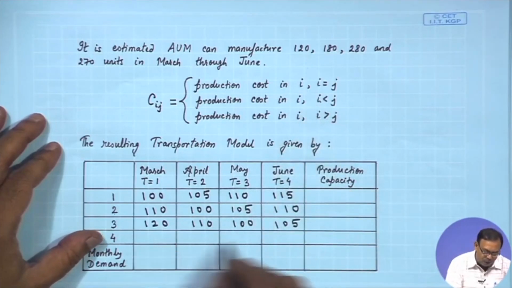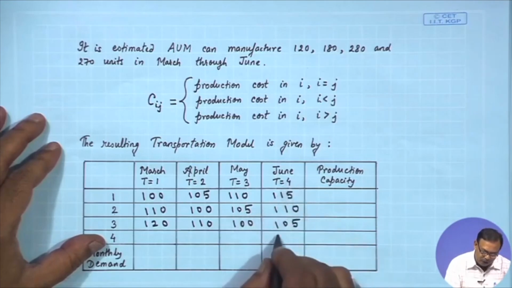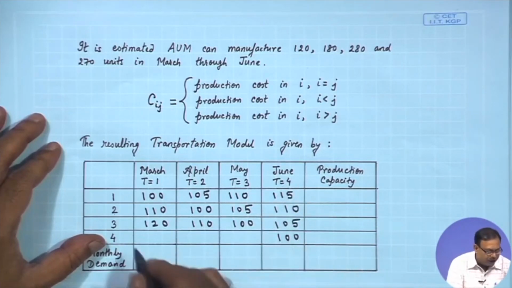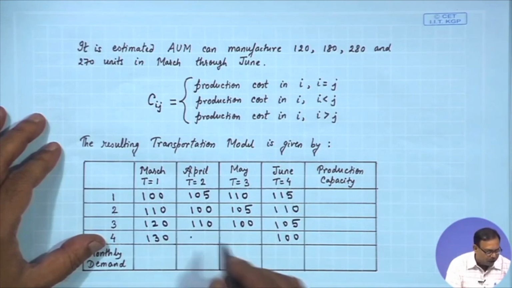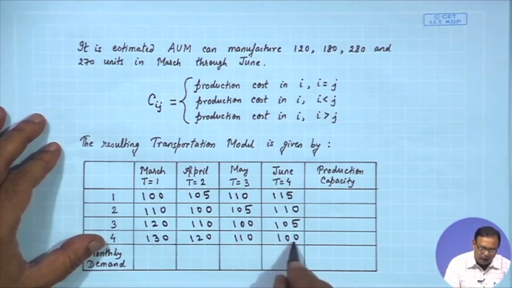In number 4, again for 4 and 4, it will be 100, and here it will come 130, 120, 110 and 100.